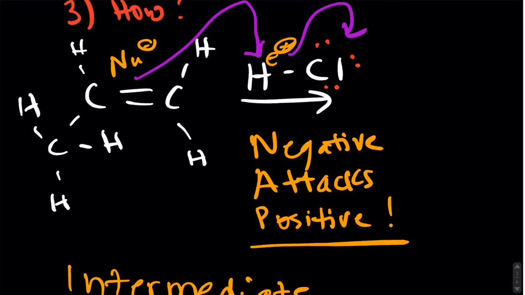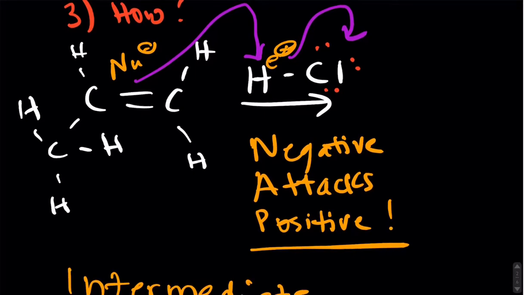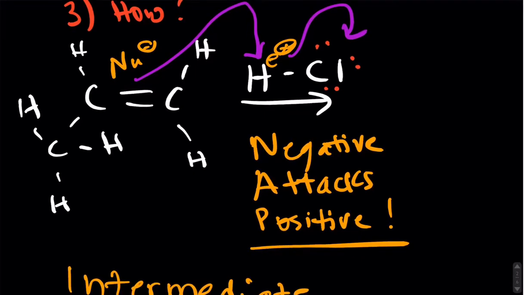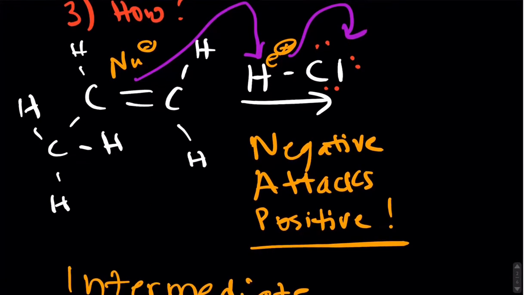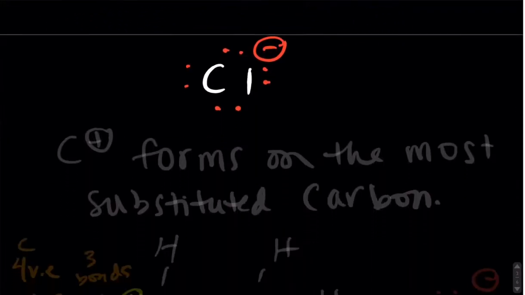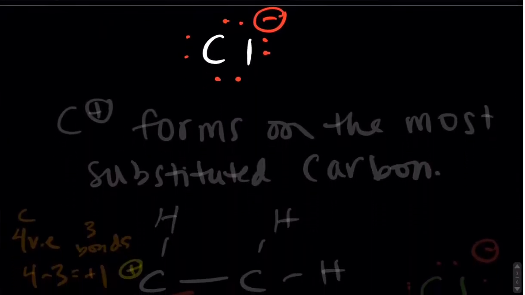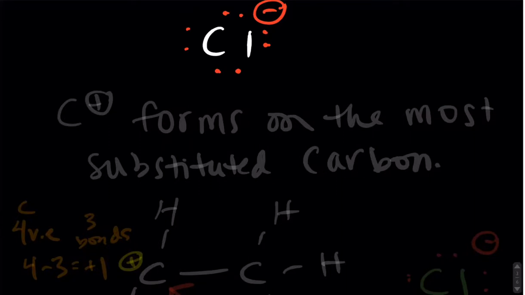That is going to provide a positive charge on one of these carbons, and it is also going to attach the hydrogen to one of the other carbons, because again, what we see is that this molecule attacked the hydrogen here, so that is going to form a bond. But which carbon is going to get the hydrogen and which carbon is going to get a positive charge, or a carbocation?